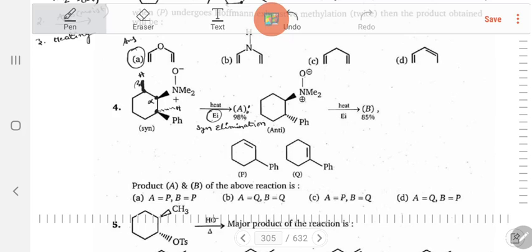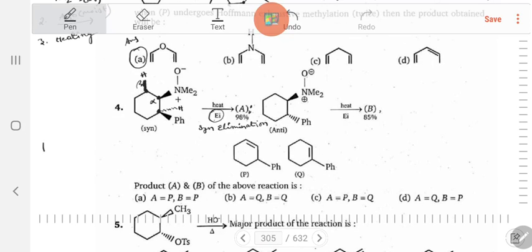So this leads to product formation. That product is, you may get a double bond at this position. Observe here what happened. This phenyl system remains as it is, and this hydrogen is not disturbed because it is opposite to the leaving group. So hydrogen is abstracted from this direction.